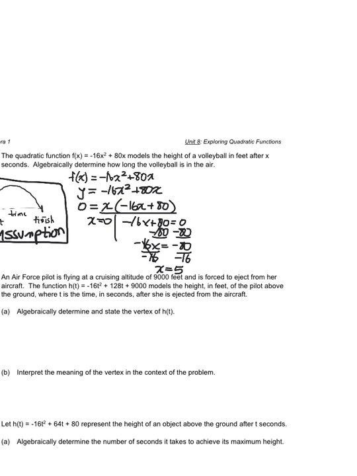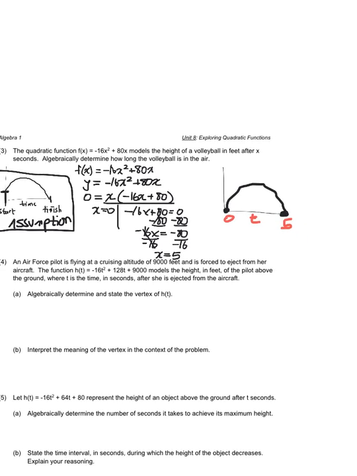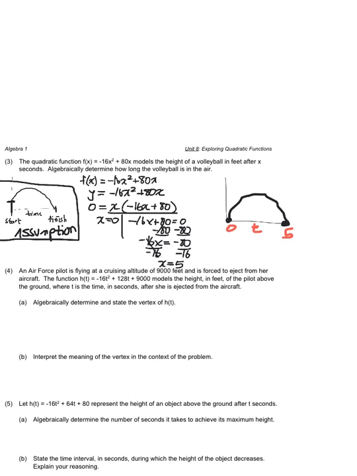But in actuality, that's not what should have happened there. It looked more like this, going from 0 to 5 in terms of time. So how long was this volleyball in the air? 5 seconds.